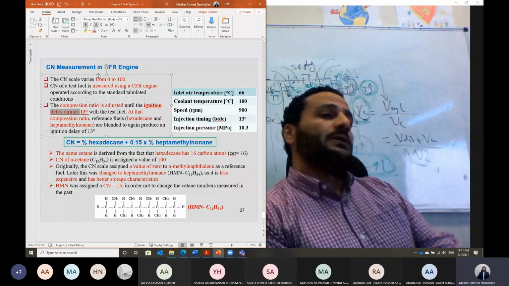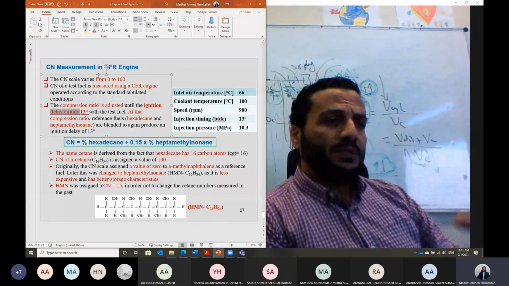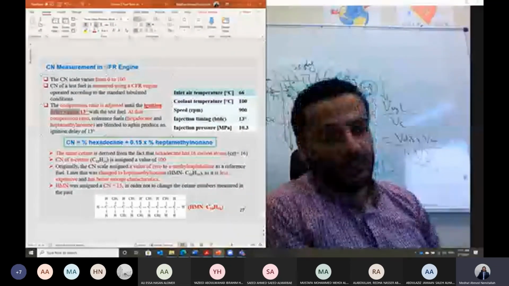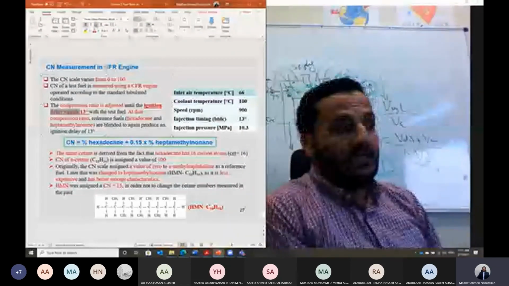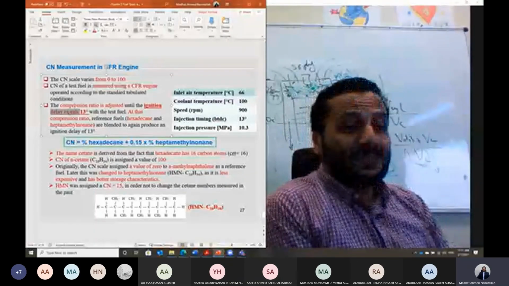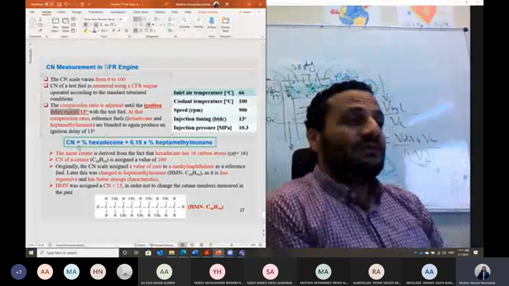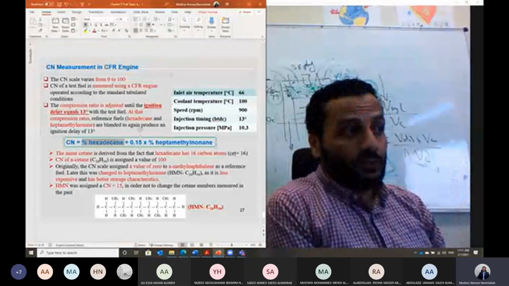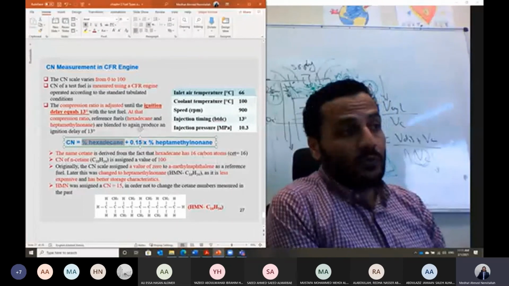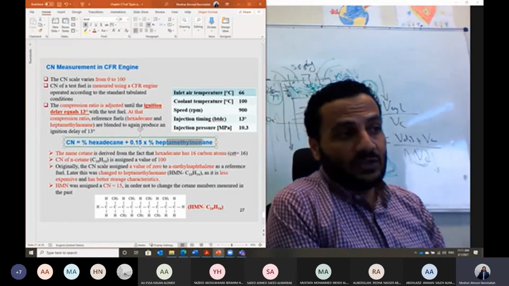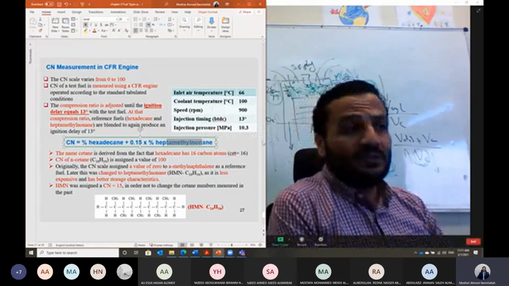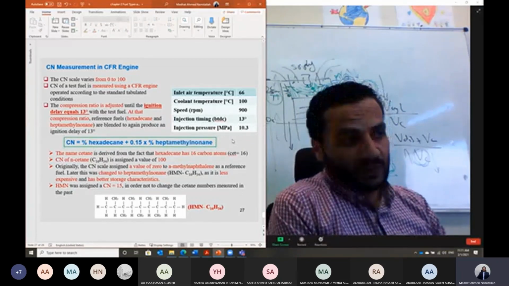If not, then we repeat the test until we have a mixture of hexadecane, we call it cetane, plus heptamethyl-nonane that has the same ignition delay period at the same compression ratio. That means the fuel cetane number will equal the percentage of hexadecane, or the percentage of the cetane fuel, plus 0.15 multiplied by the percentage of the heptamethyl-nonane of the fuel.